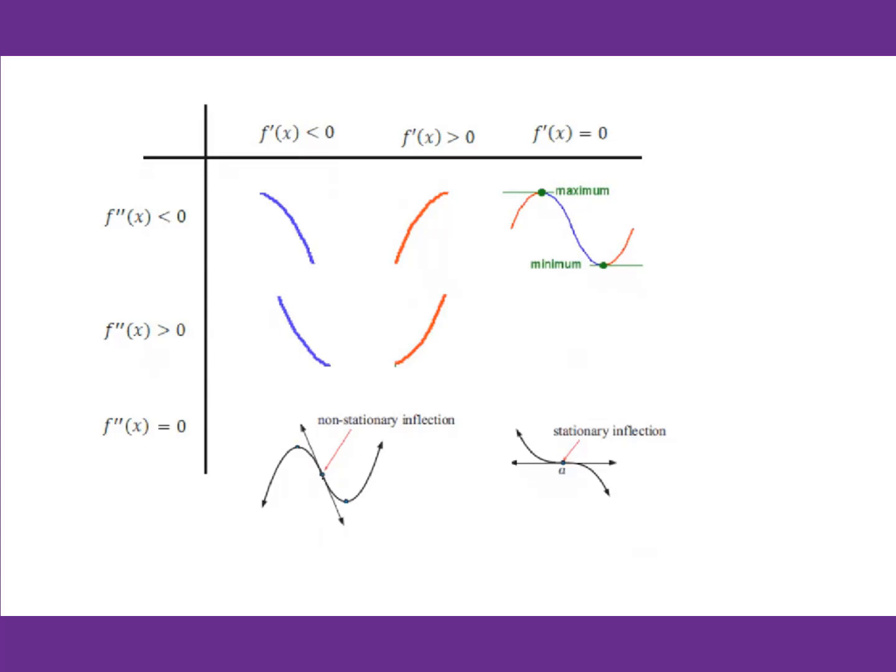See, for f prime of x less than 0, these two graphs are decreasing. When f prime of x greater than 0, look at these two graphs, they are increasing.